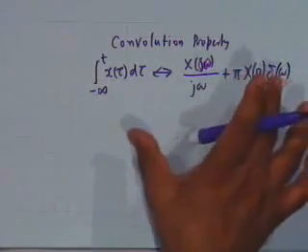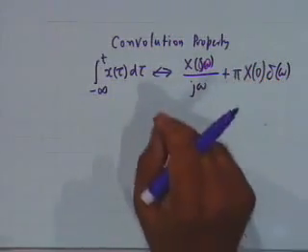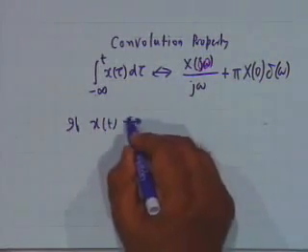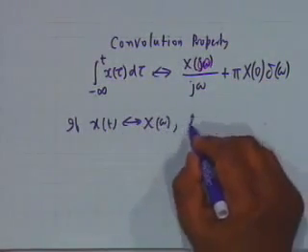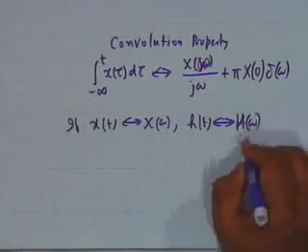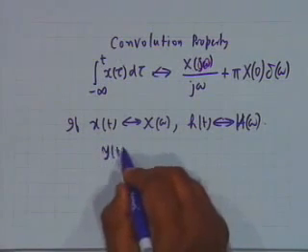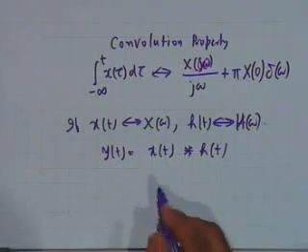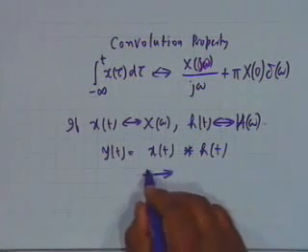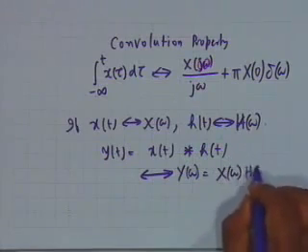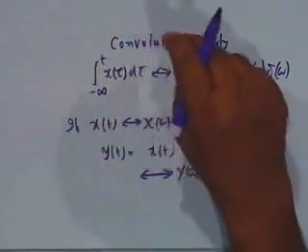Alright. To prove this, we had gone through two steps. First we proved that if x(t) is the pair of capital X(omega) and h(t) is the pair of capital H(omega), then y(t), which is x(t) star h(t), the convolution of x(t) with h(t), is the pair of capital Y(omega), which is simply the product of X and H. That is, what is convolution in the time domain becomes multiplication in the frequency domain.